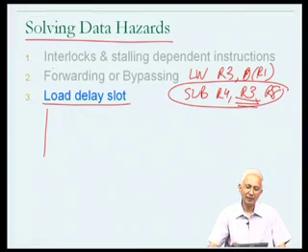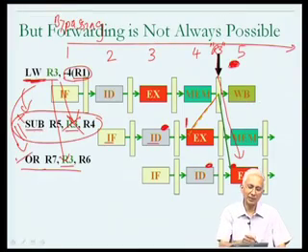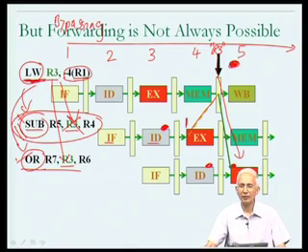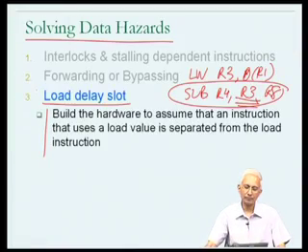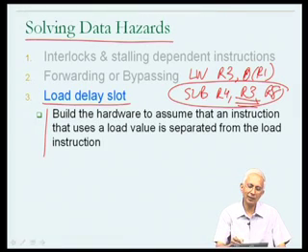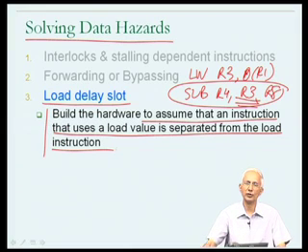And as we've seen, if the instructions are separated from each other, such as the load word and the OR instruction, then bypassing can solve the problem. The problem was only with a situation where the instruction immediately following the load required the loaded value. Therefore, in some sense, the load delay slot is a solution to a data hazard problem in which the problem is avoided by just telling the programmer that this problem exists and assuming that the programmer, as I said in this slide, builds the hardware to assume that an instruction that uses a load value is separated from the load instruction.